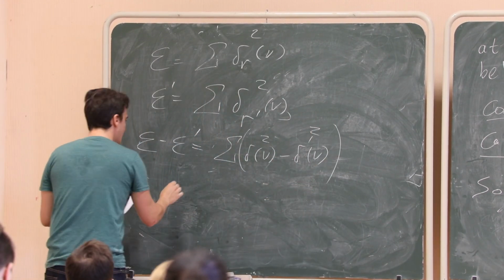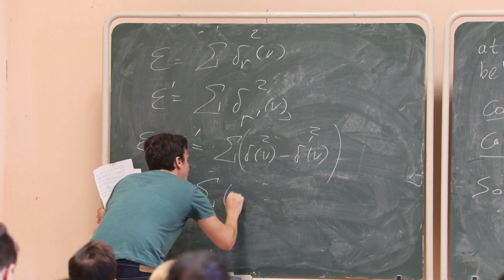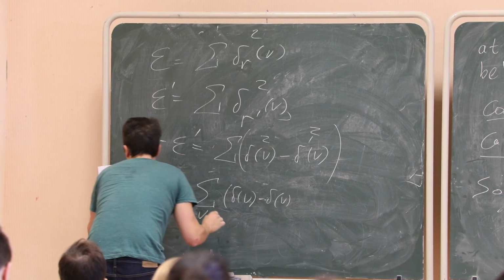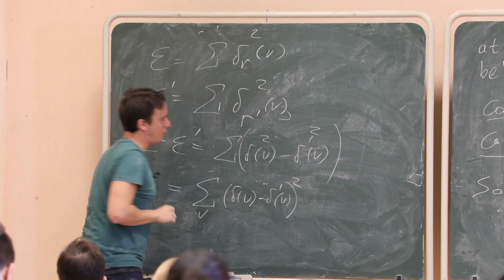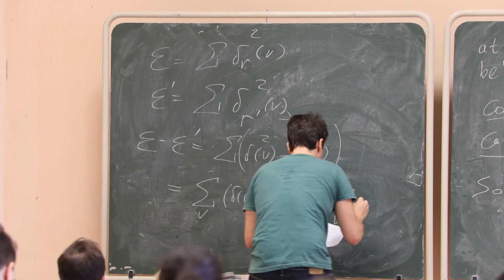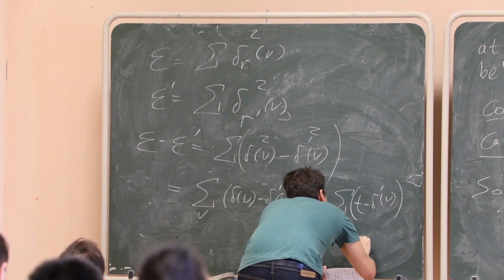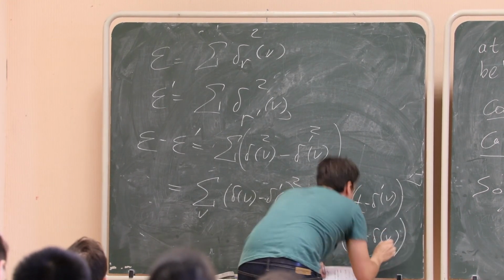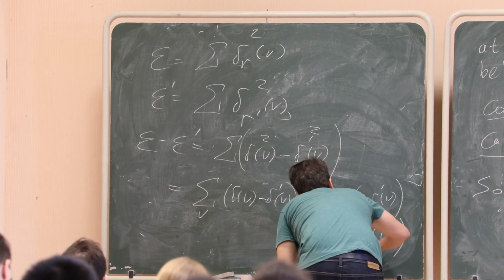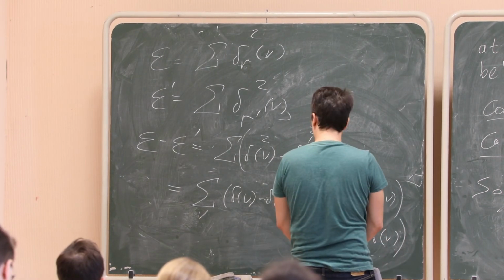And this equals, let me first write down the equation, the sum over v of delta_v minus delta prime_v squared, plus 2 times the sum over v of t minus delta prime_v times delta prime_v minus delta_v.